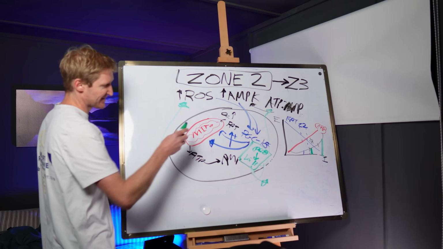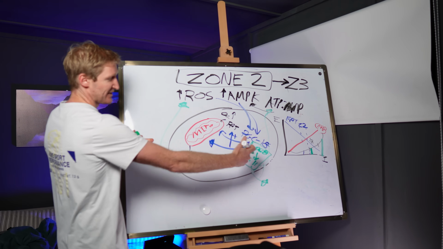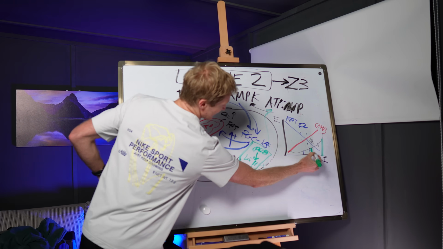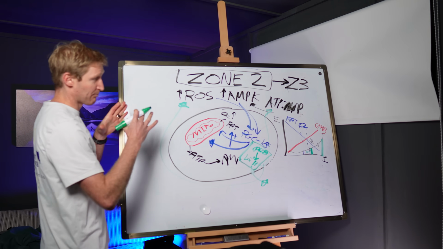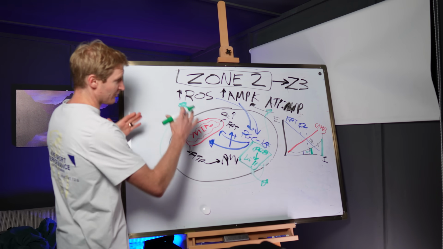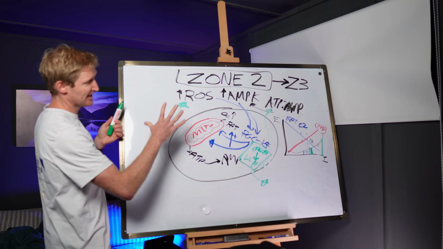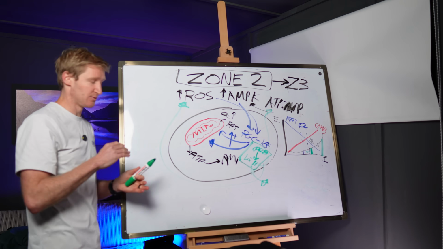So the stimulus to need mitochondria is not as large as if we take a slight step back in intensity. So we come back into zone 2 and we are predominantly using fat as our fuel and oxygen, and then we are keeping an equation that is adaptable.